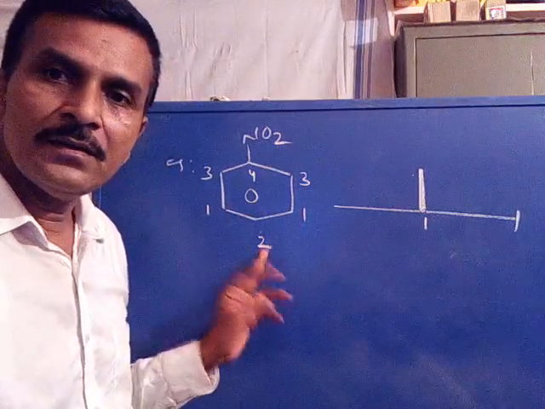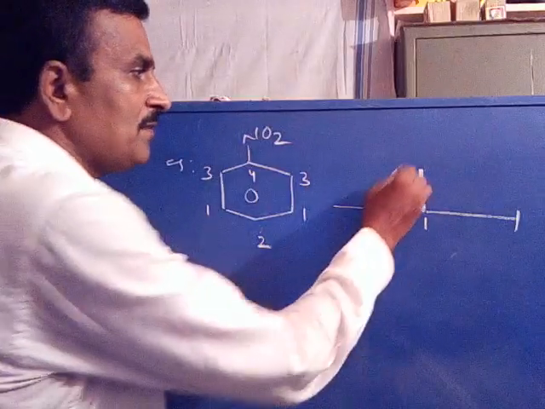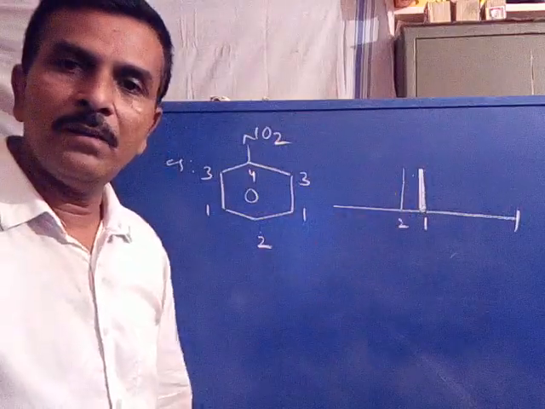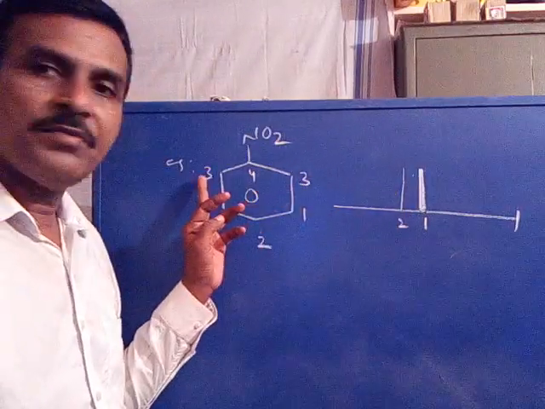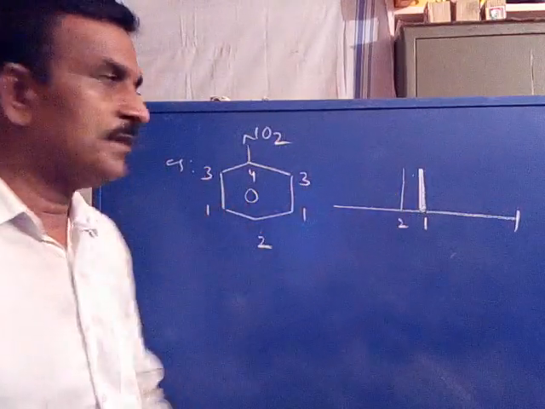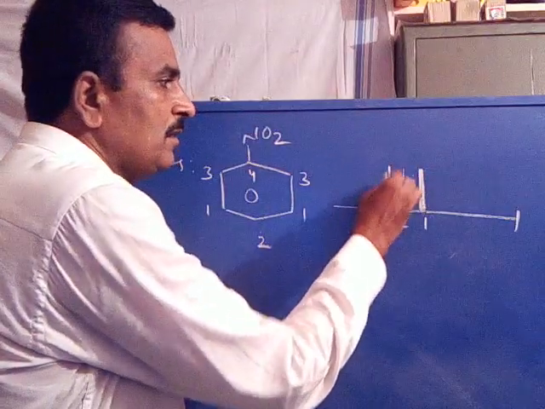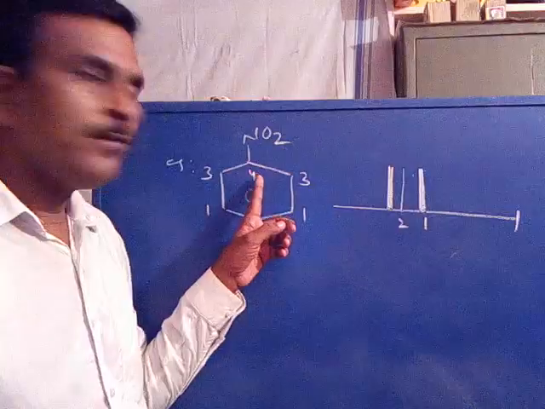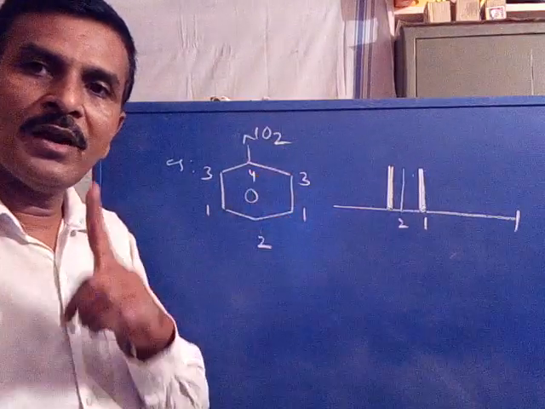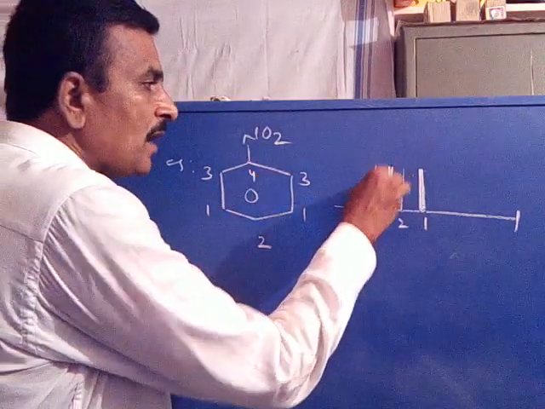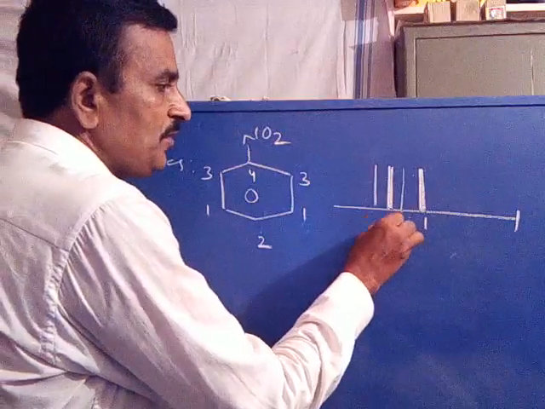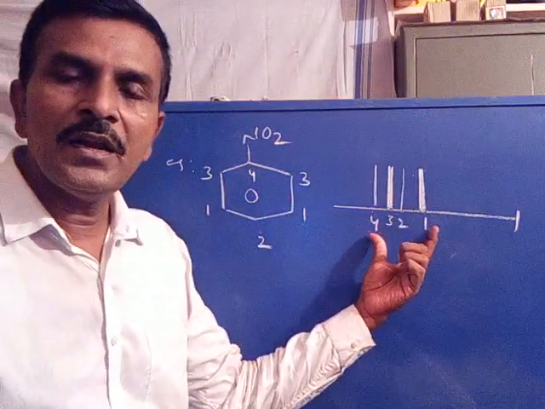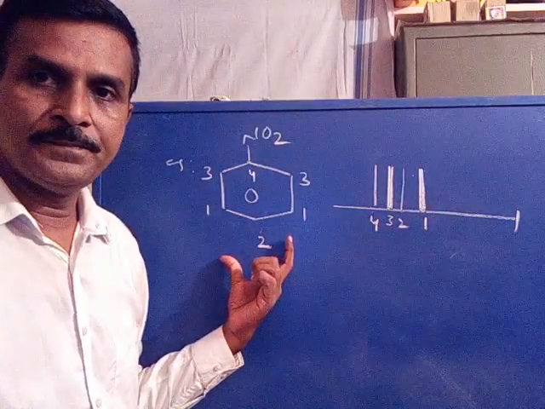Now in the second set there is only one carbon, it appears as normal. The third set of carbons has 2 equivalents, therefore it appears dark. The fourth has only one carbon, it appears as normal. This is third, this is fourth. Are you following? So this is the C13 NMR spectrum for nitrobenzene.